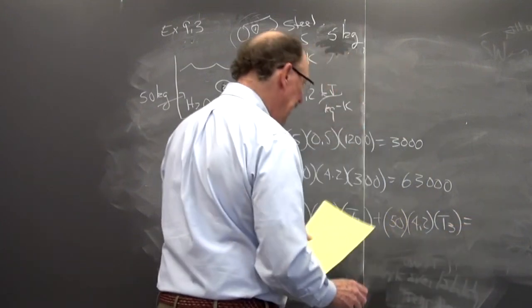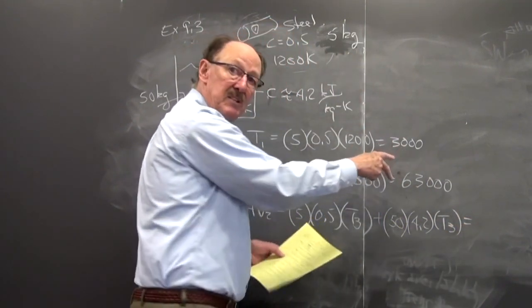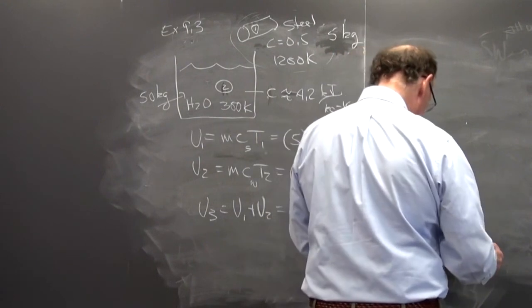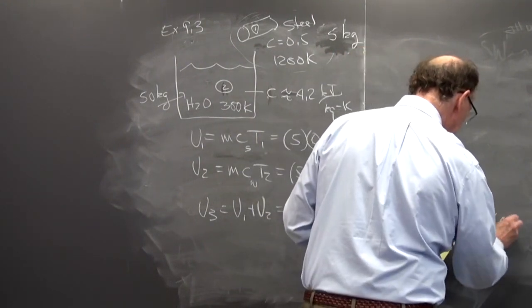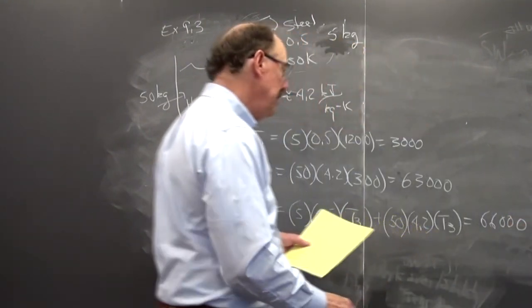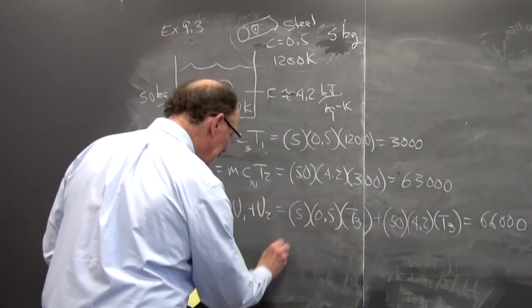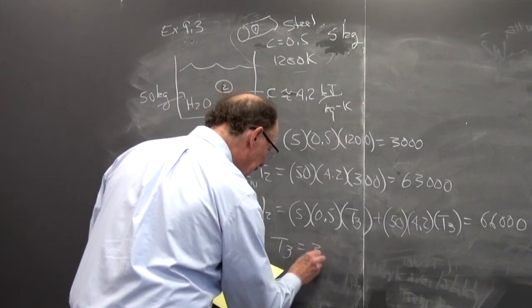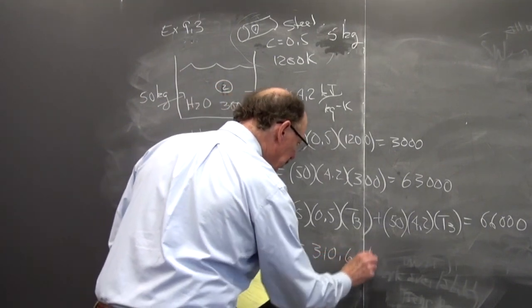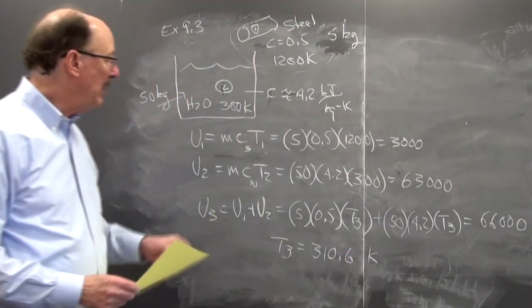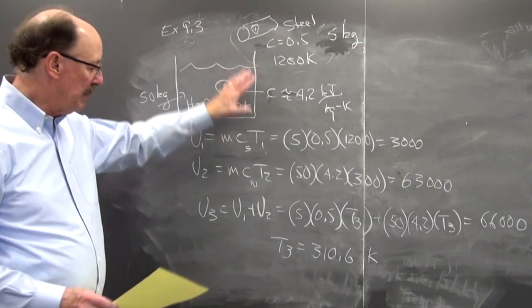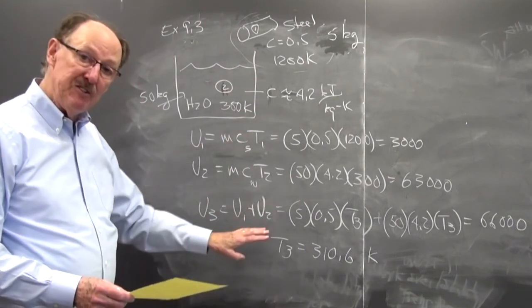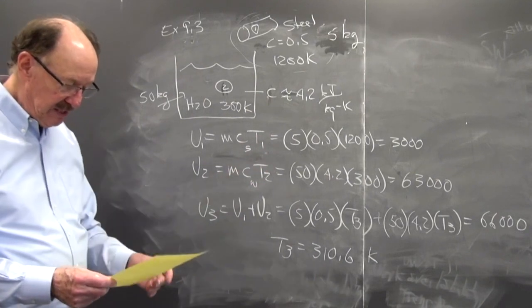And this is going to be equal to the sum of the two energies, so we have 66,000. We solve for T3, and T3 is equal to 310.6 degrees K. So we're able to find the equilibrium temperature, which is an easier way to do it than using the steam tables.